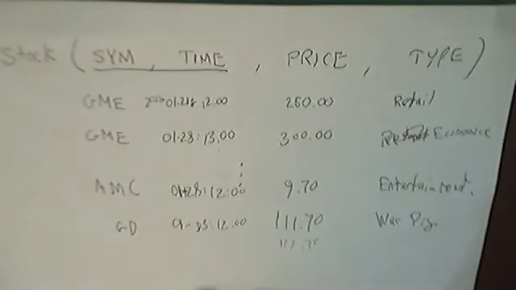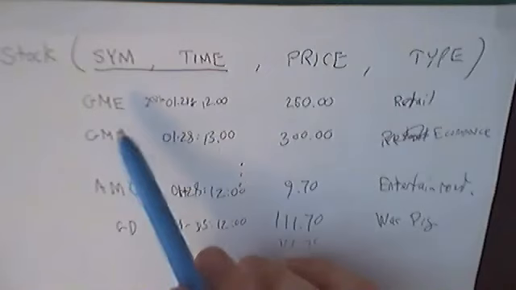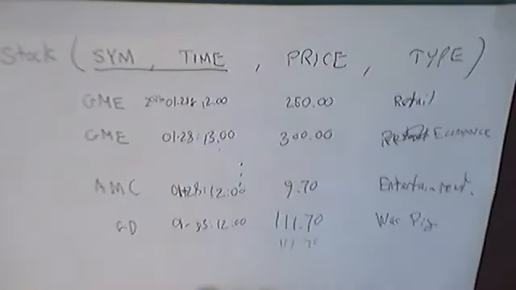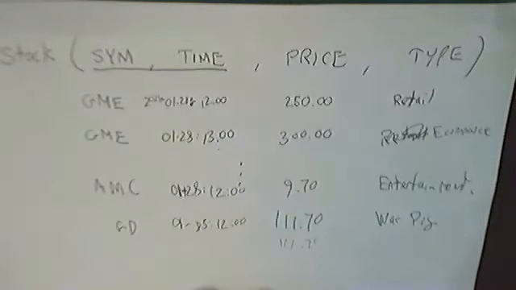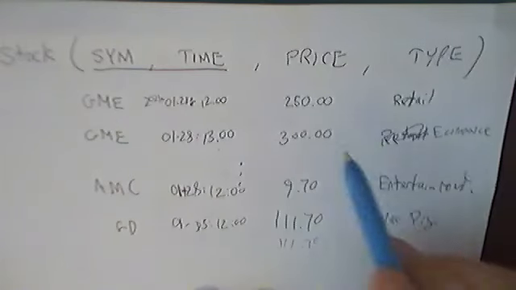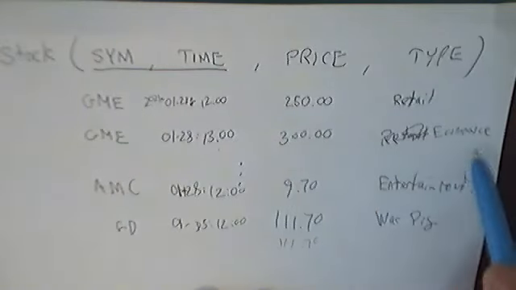Okay, that's a problem actually, because now we have two records. What type is GME? Is it retail or is it e-commerce? Which is it? You might say, well, because it's later, it's e-commerce, and it seems to me that's where it's headed.